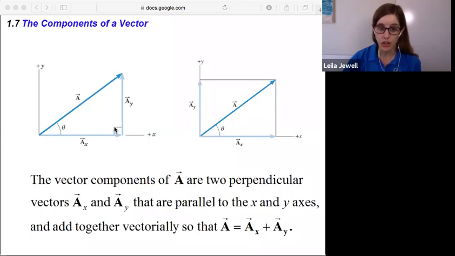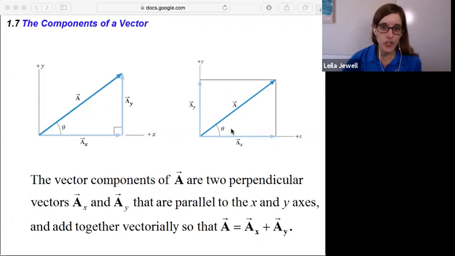And these two vectors are always perpendicular to each other. We can see that right angle there. So the X one is parallel to the X axis, Y is parallel to the Y axis. And this is the way that they're drawn for a proper vector addition, right, where the tip of the X component of A points to the tail of the Y component of vector A.